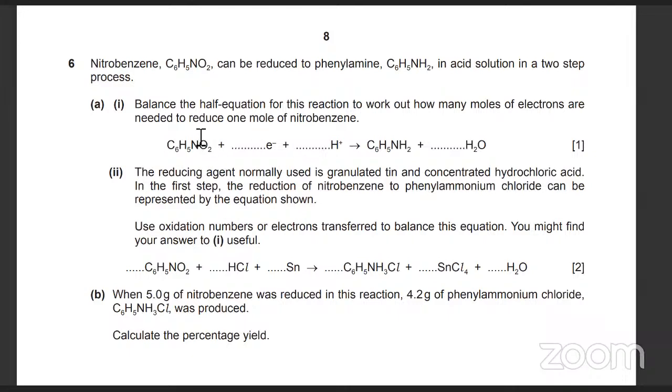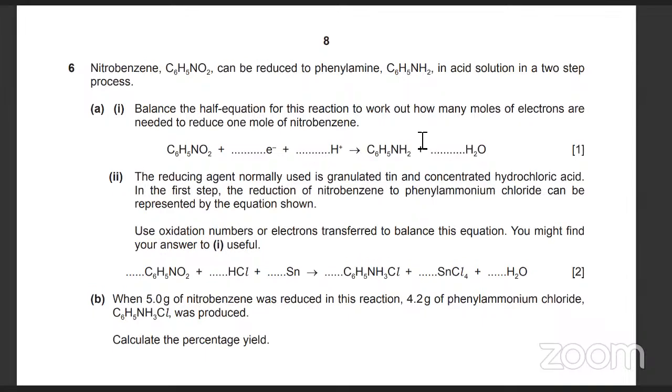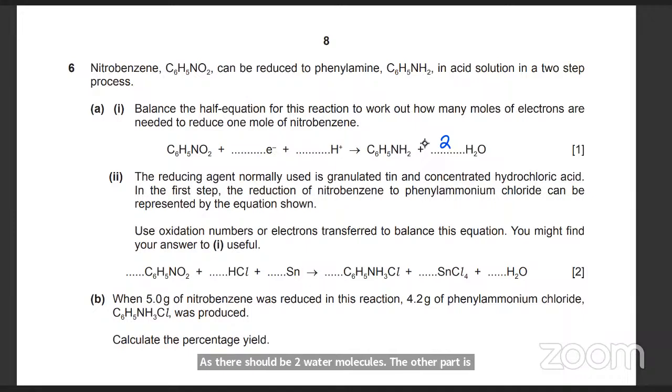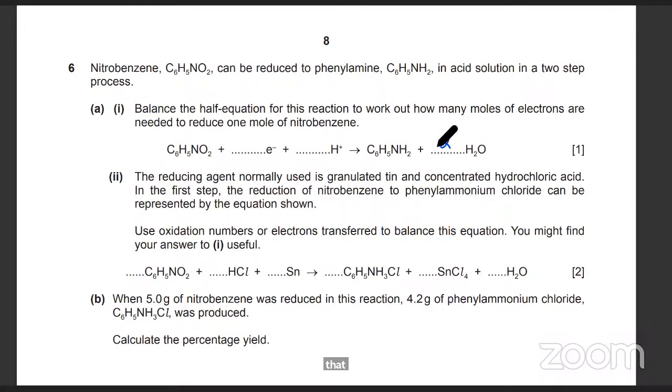Balance the oxygens. There are 2 oxygens over here, you have no oxygen on the other side, so there should be 2 water molecules. The other part is the H's.